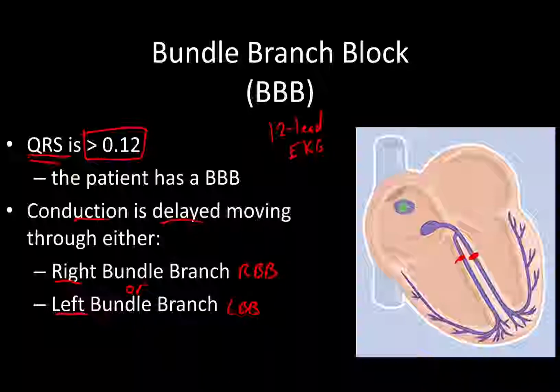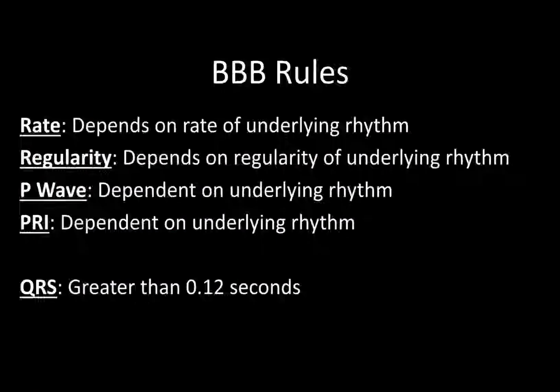Just wanted to add that little fact in there. Bundle branch block rules are actually completely dependent on whatever the underlying rhythm is. Honestly, the rate, underlying, the regularity, underlying rhythm, P wave, underlying, PRI, underlying rhythm. Nothing exciting there. At the end of the day, it's when your QRS is wider than 0.12.